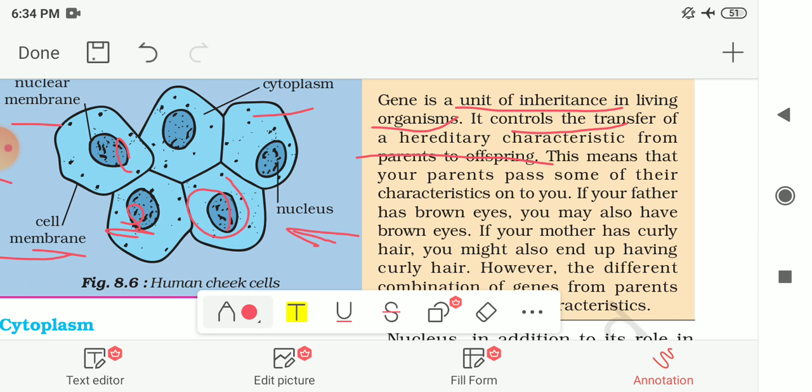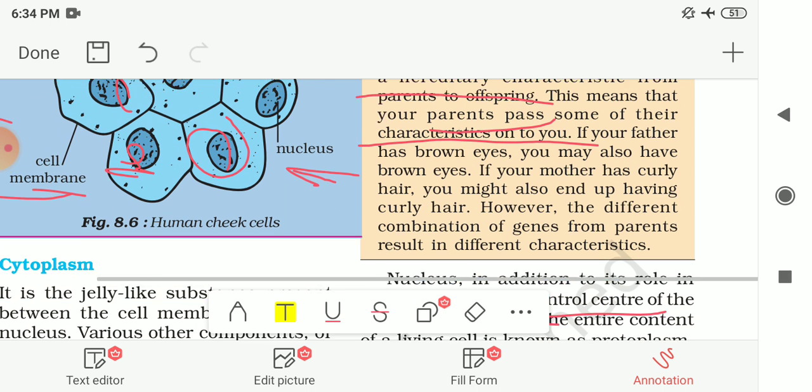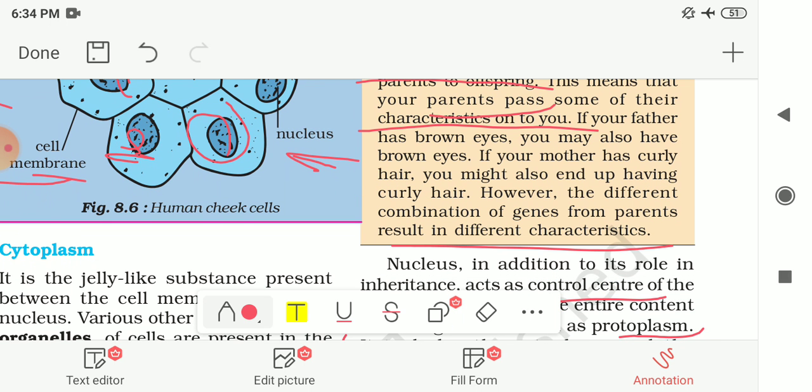This means that your parents pass some of their characteristics on to you. For example, if your father has brown eyes, you may also have brown eyes. And if your mother has curly hair, you might also end up with curly hair.